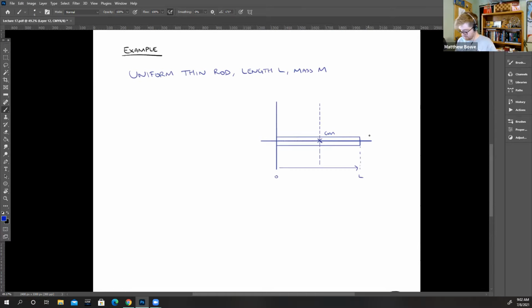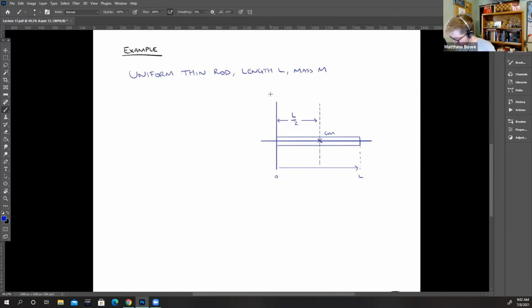What's the distance from the origin? Again, I said that's probably about halfway. In this case, it's exactly half since it's uniform.